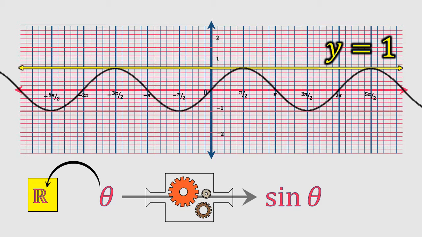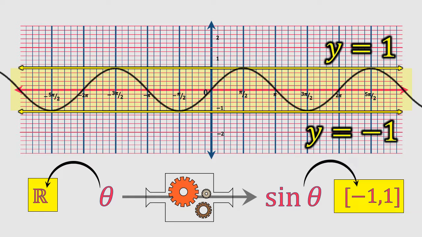The maximum output is 1 and the minimum output is -1. Hence, the range of the sine function covers all real numbers between and inclusive of -1 and 1.